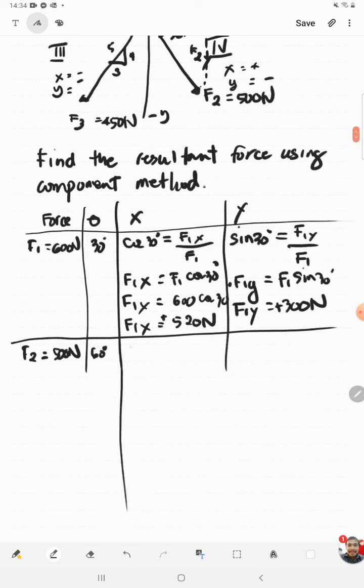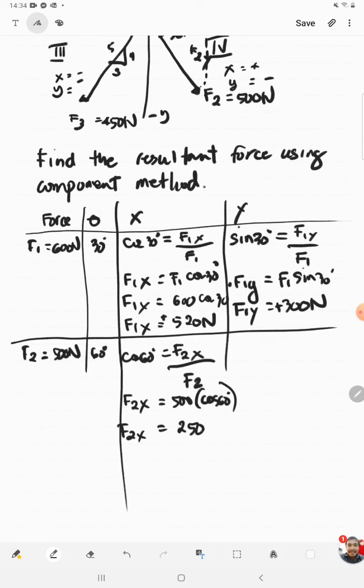Applying cosine of 60 degrees equals F2x divided by F2, so your F2x is 500 times cosine of 60. Therefore your F2x is 250 newtons, and this is positive.